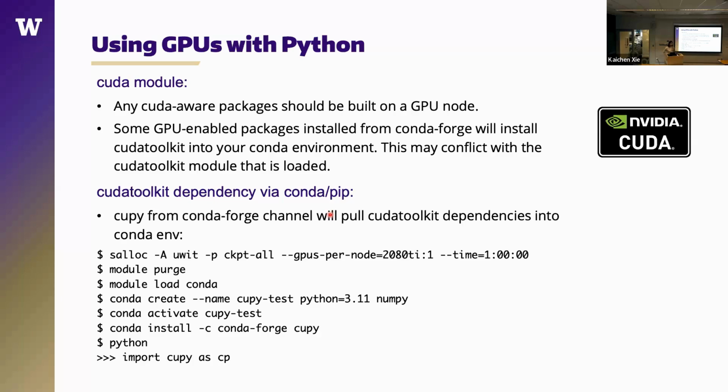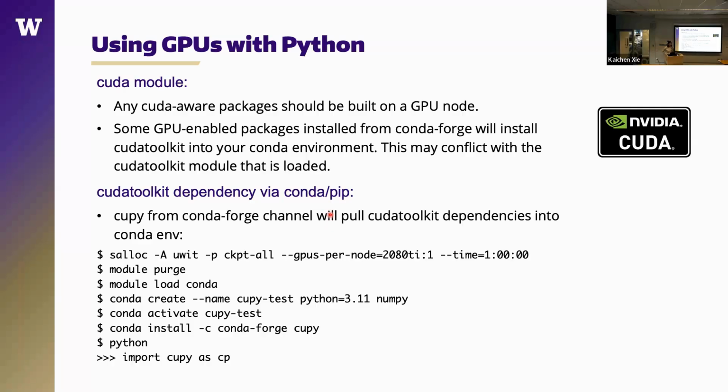Also, CUDA-aware packages should all be built on a GPU node if you install them with Conda or pip. And some GPU-enabled packages are installed from Conda Forge, which is the default channel used by this system Conda. It will install the CUDA toolkit into your Conda environment.